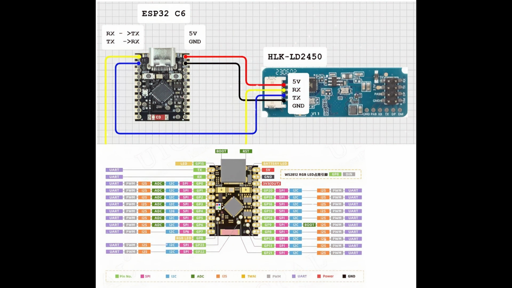The connection is done using a UART interface. The radar's TX and RX pins are cross-connected to the ESP32, meaning the radar's TX is connected to the ESP32's RX, and the radar's RX is connected to the ESP32's TX. The module is powered from the 5-volt pin on the ESP32 board, and both devices share a common ground, which is essential for reliable communication.